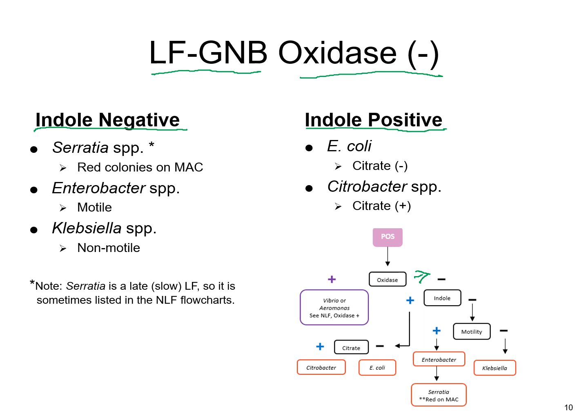With our indole negative organisms, we would look at our colony morphology for the Serratia, which would demonstrate a bright red color. And then we could look at motility for the Enterobacter and Klebsiella. And remember, both of these are very mucoid looking organisms, so they may appear the same growing on the agar, so they would need to be further worked up to differentiate them.